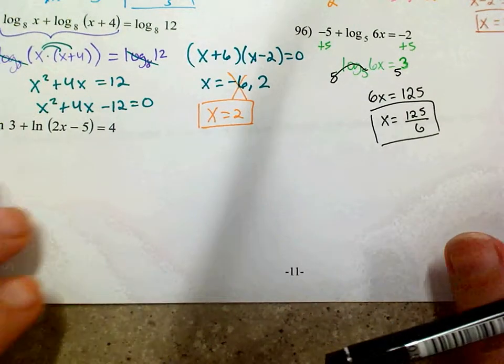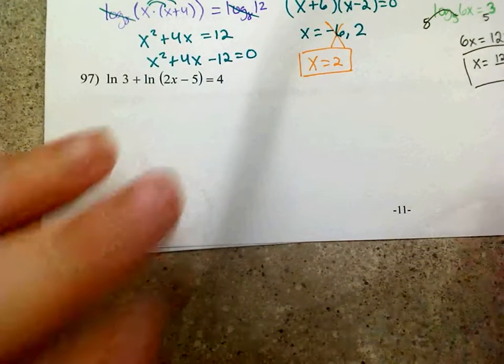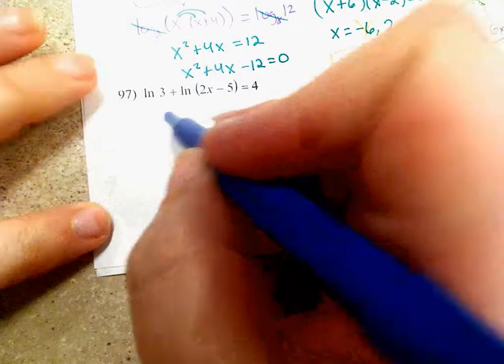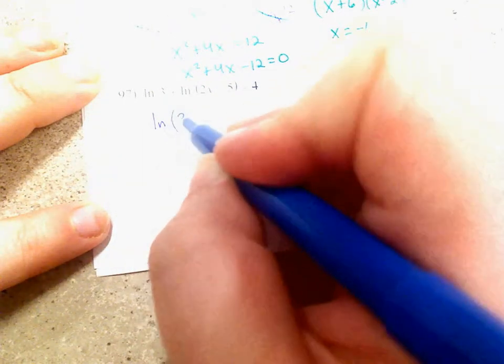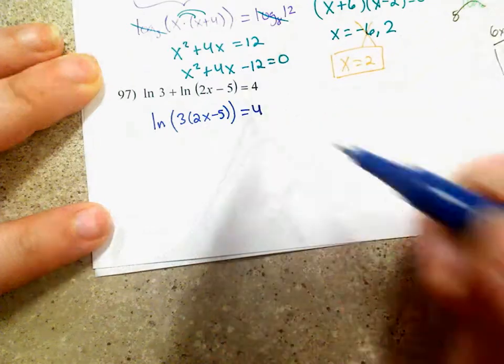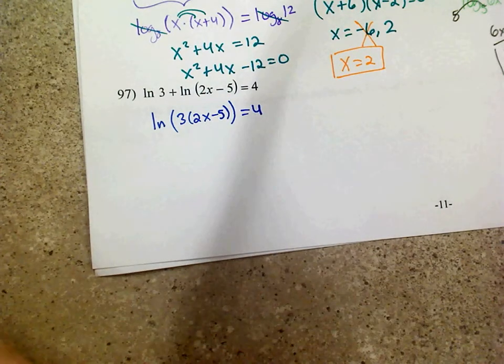97. I've got 2 natural logs separated by addition, so I'm going to combine them using multiplication. So natural log of 3 times 2x minus 5 equals 4. The inverse of a logarithm is exponential. The inverse of natural log, which is log base e, is e. So we're going to raise both sides to the power of e.